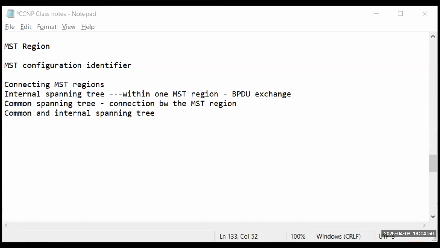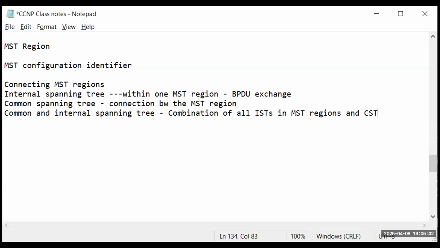CIST, common and internal spanning tree, is the combination of ISTs for all MST regions and the CST. So it is the combination of the IST in all MST regions and the CST.